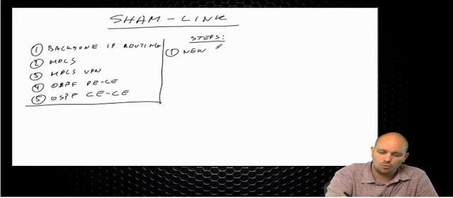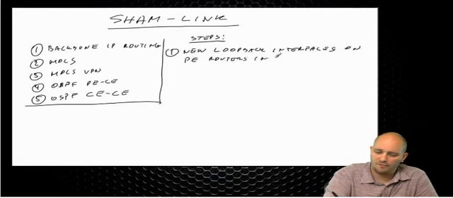You need new loopback interfaces on your PE routers in VRF. So not in the main routing table, but in VRF where you're trying to solve this problem.